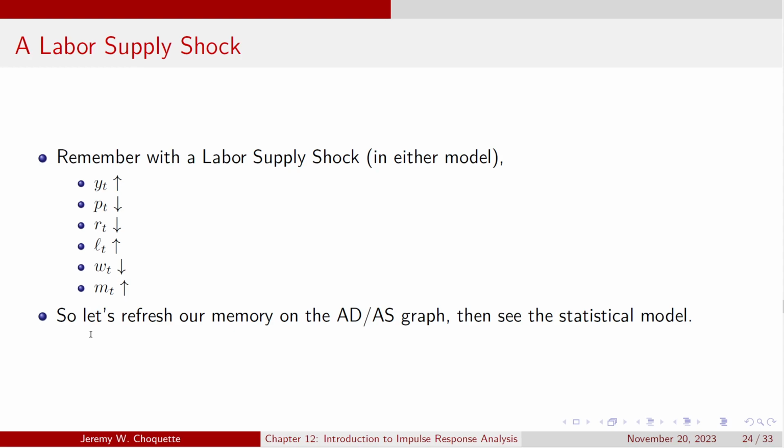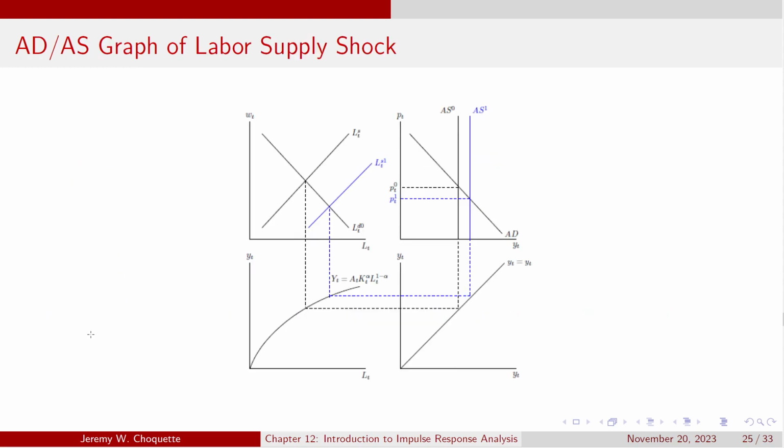So what happens here? Well, first, let's look at the aggregate demand, aggregate supply picture. Prices fall, output increases. It doesn't increase by a lot because there's no productivity increase here. This A term isn't increasing, so the curve isn't shifting out, because the source of the shock is coming from labor markets, not production.